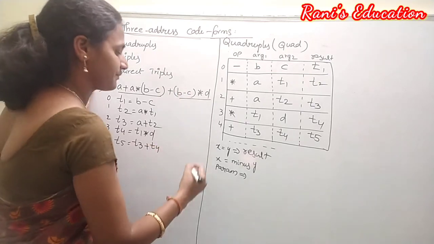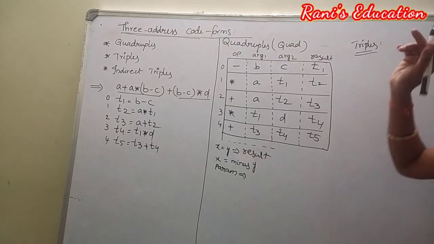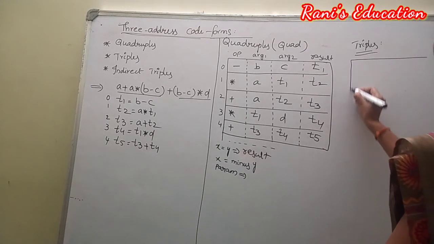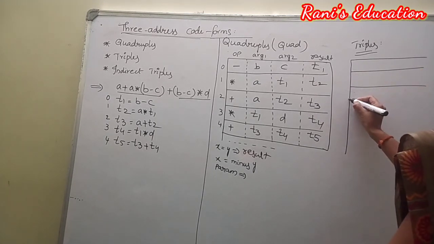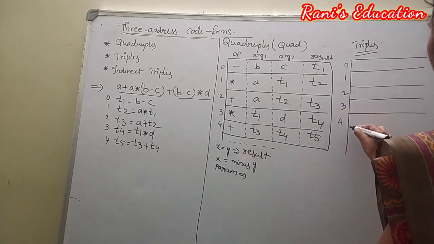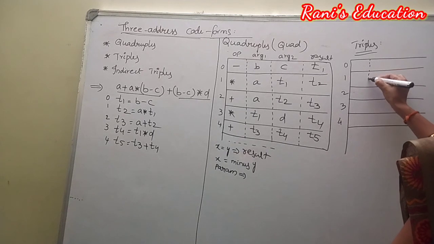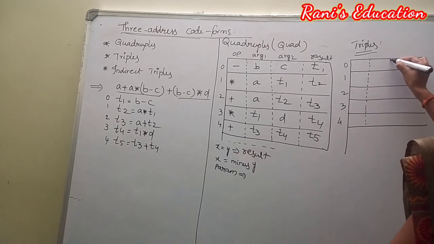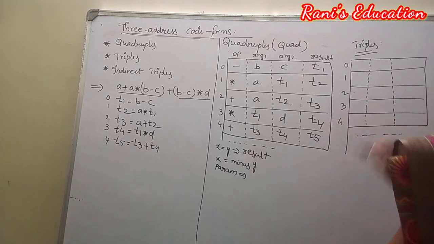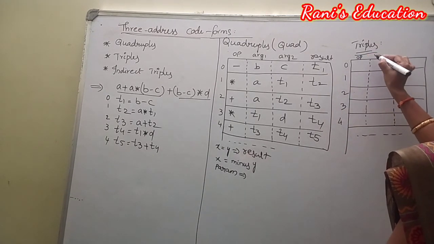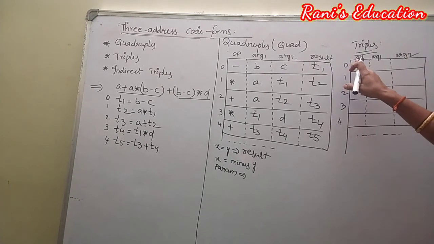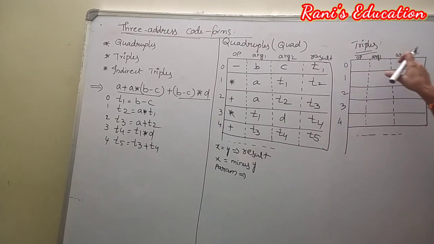Now move on to triples. In triples construction, we are going to use only 3 fields: operator, argument 1 and argument 2.